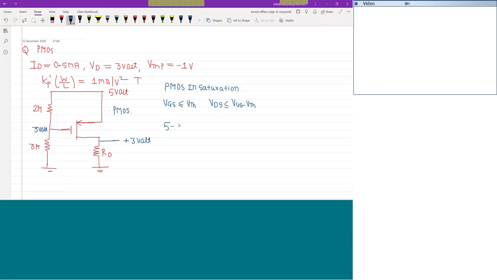VG is 3 volt minus VS is 3 volt. This should be less than VTH.